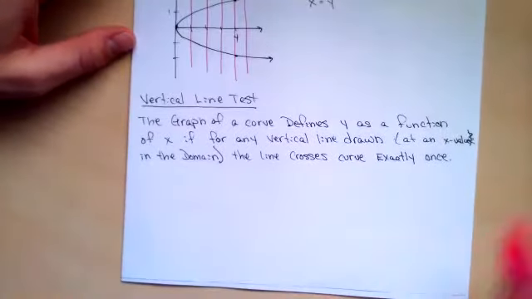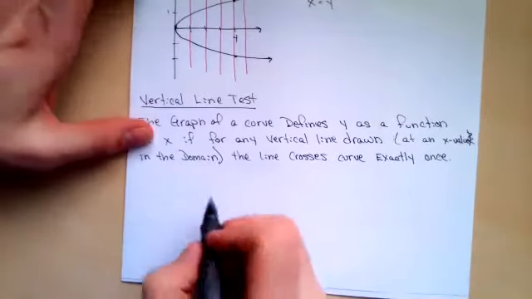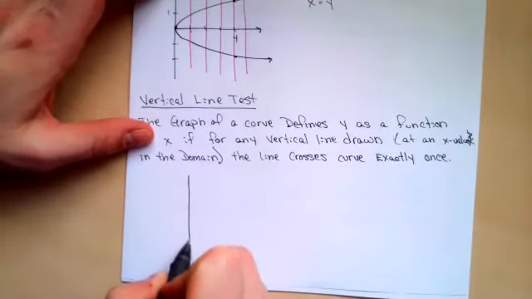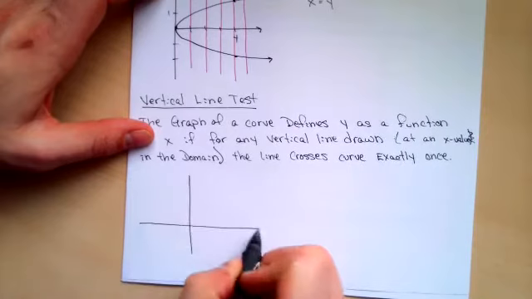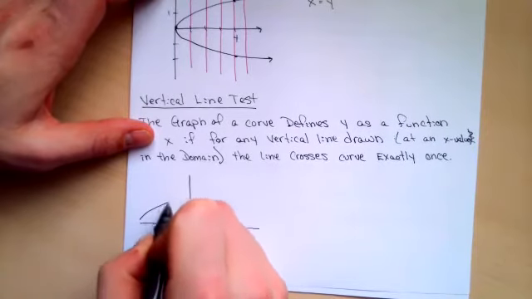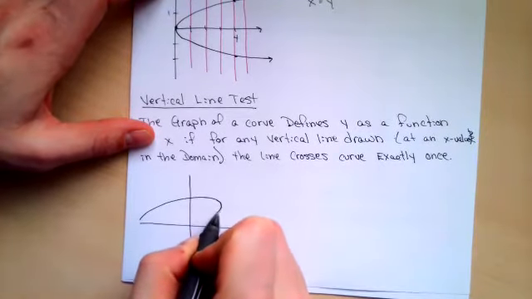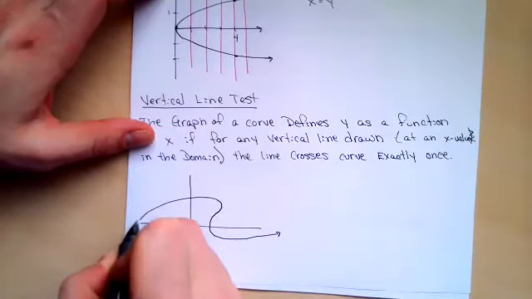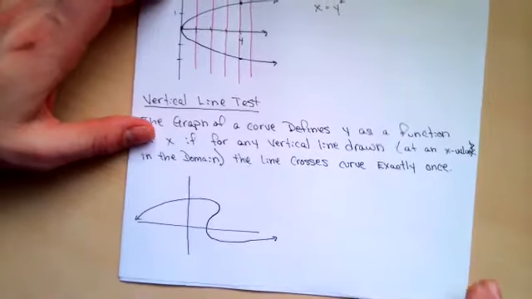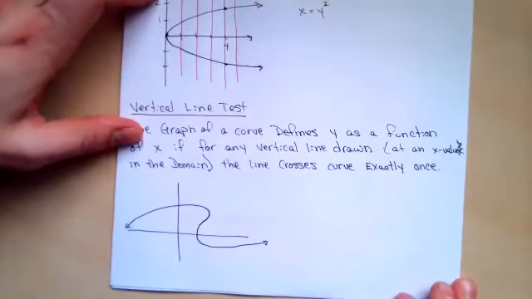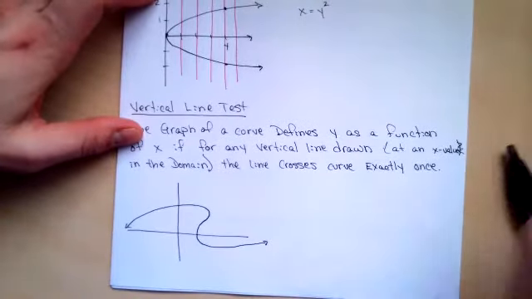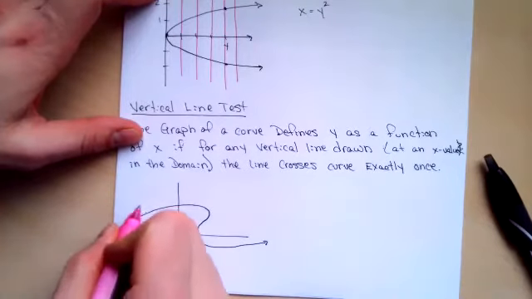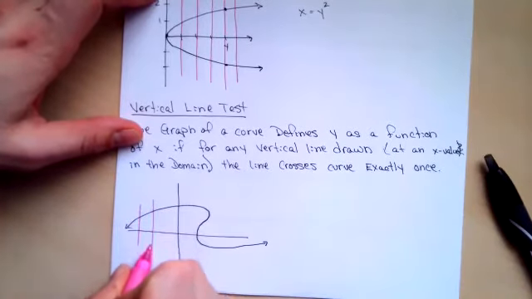One thing to note is that if you have curves that pass the vertical line test at some values but fail it at others, it is still a failure. So something like this, I can draw vertical lines over here and that crosses only once.